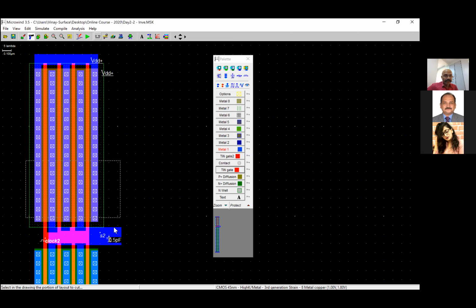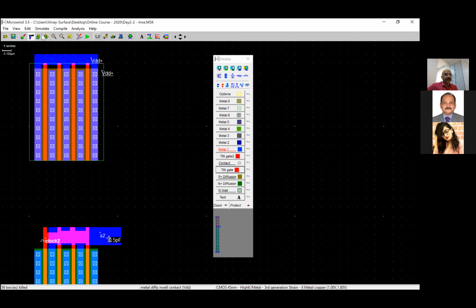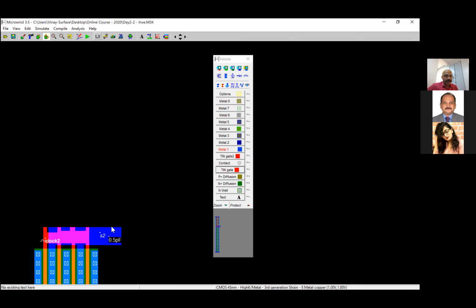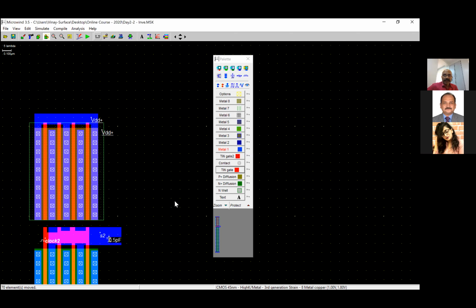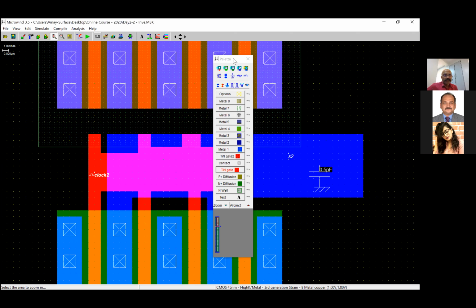I take the delete button and click delete. That's it. Then I take this, shift and move it and bring it down, and make corrections like stretch and move. I take the N-well and stretch it, and I take the tin gate and zoom in so that you can see nicely what I'm doing.